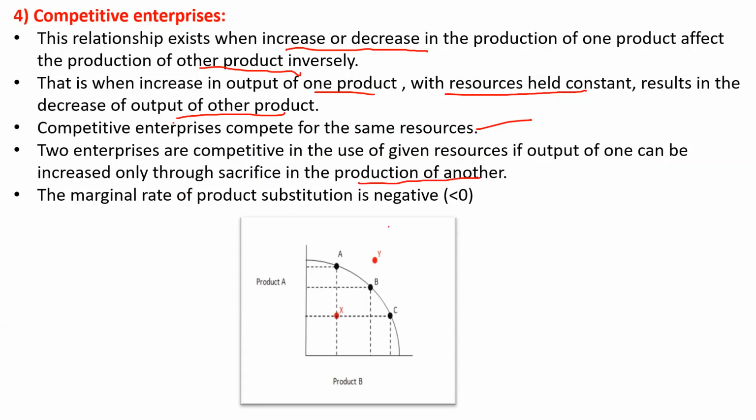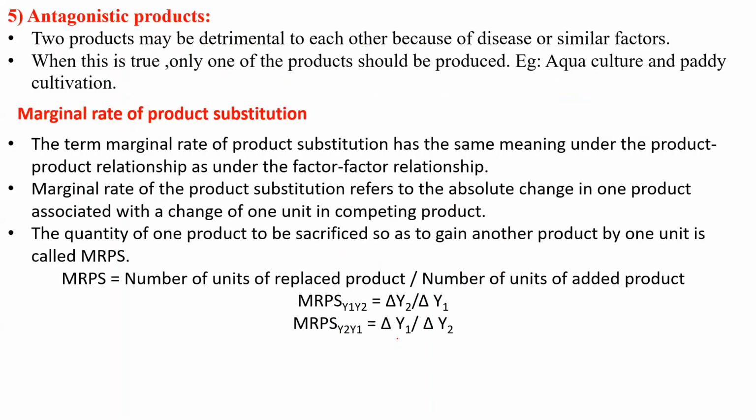Only जब हम दूसरे प्रोडक्ट का sacrifice करें तभी पहले प्रोडक्ट का प्रोडक्शन हम इंक्रीज करते हैं तो हम उन्हें कॉम्पिटिटिव कहते हैं. The marginal rate of product substitution in this case is negative, that is less than 0, and the shape of production possibility curve it will be concave.